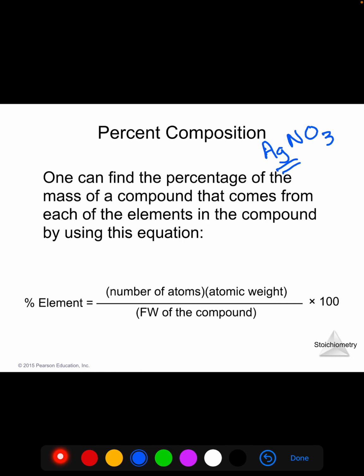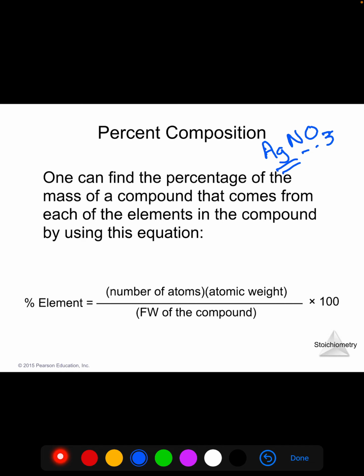There's a simple way to do it, and that is to take the mass of all the atoms together, 3 oxygens, 1 nitrogen, and 1 silver, add it up, and take the mass of silver and divide it by the total.